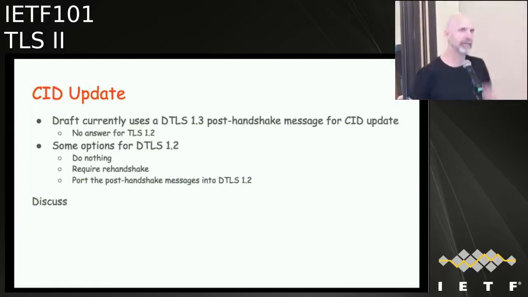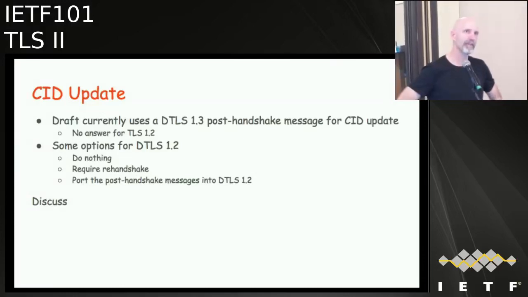Considering that the consensus around me is against doing anything, a re-handshake would still be better than nothing. I will make clear that you could re-handshake to change your CID. That's a normative change, just text. Knowing that this is not the greatest thing, but we are working on 1.3, does this sound like a way forward that we can live with for 1.2?